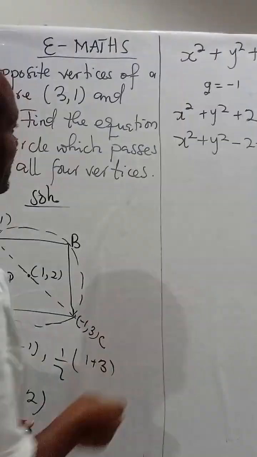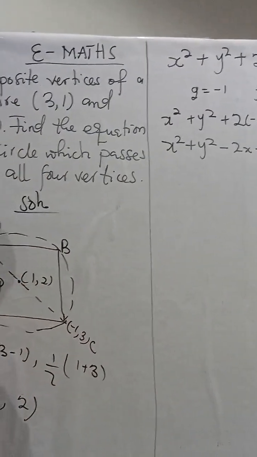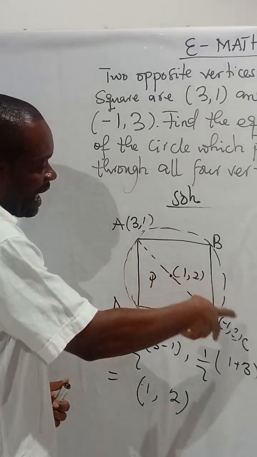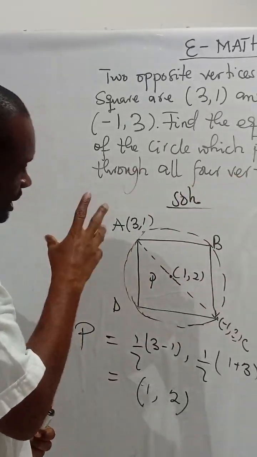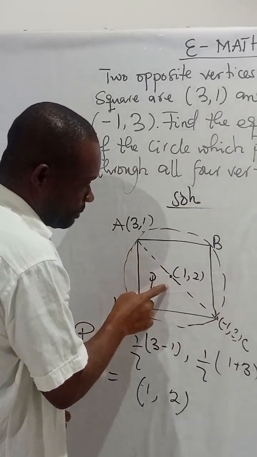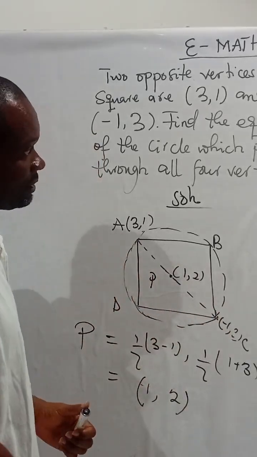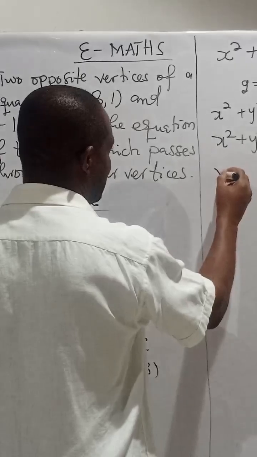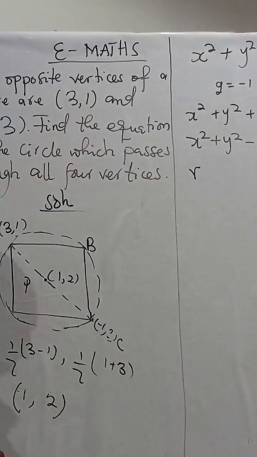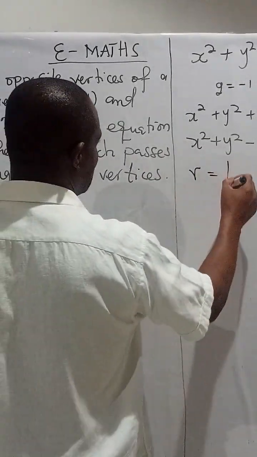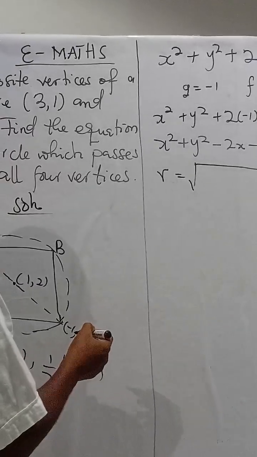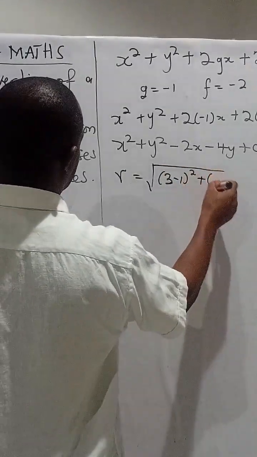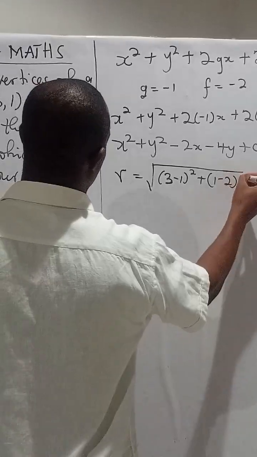We can find c by saying that if AC is the diagonal, then AP is half of AC. Yes, we know that. But what is AP or PC? It is the radius of the circle. Let R be the radius. This will be equal to the square root of (3 minus 1) squared plus (1 minus 2) squared.